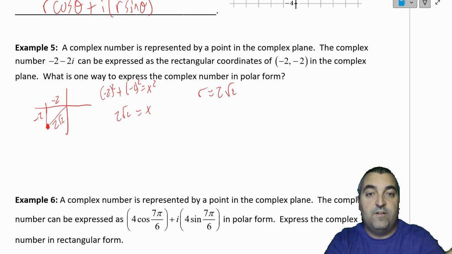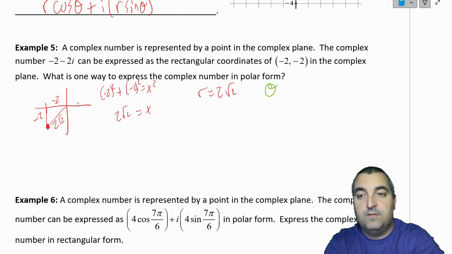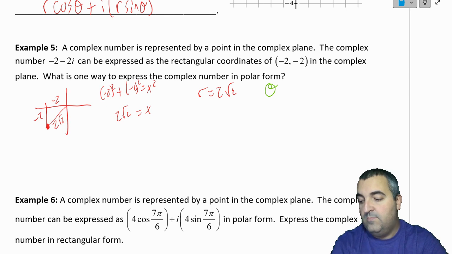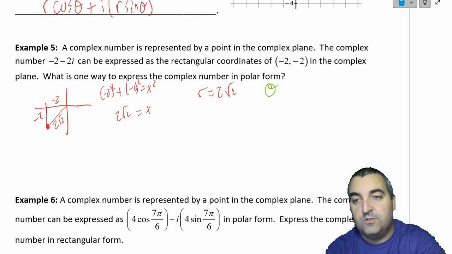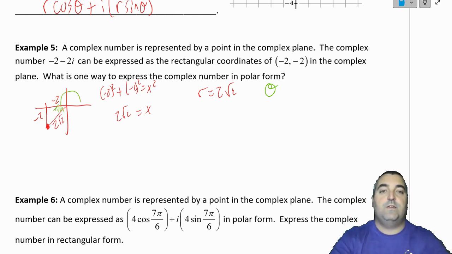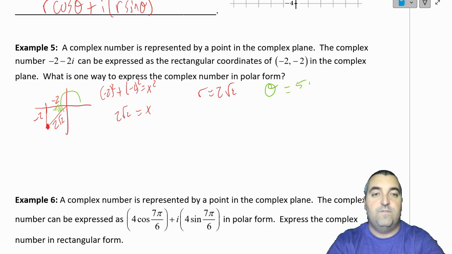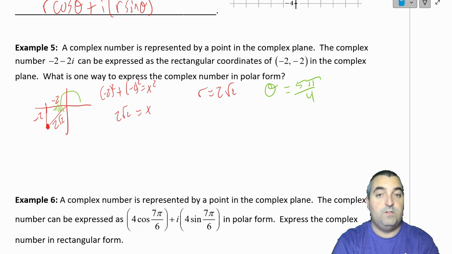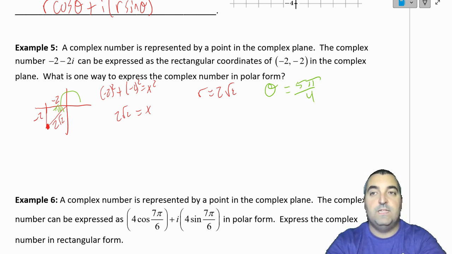We now need to figure out theta. Well, you could figure out theta by doing tangent of theta, but we could also just look at this triangle and say, oh, those are the same, which means this is pi fourths, which then means because we're in quadrant 3, our theta is 5 pi fourths, right? So once we know those two things, now we just write it in this r cosine format.